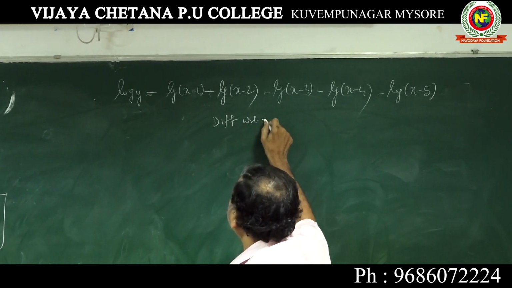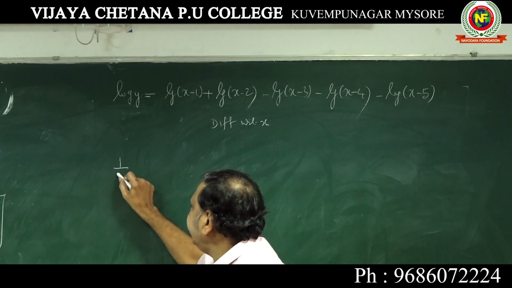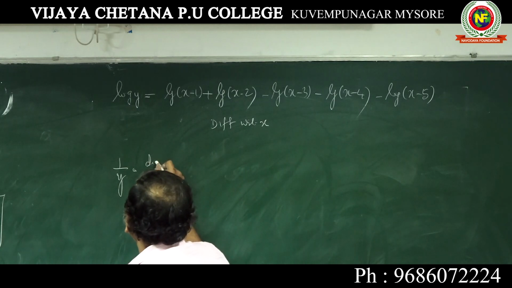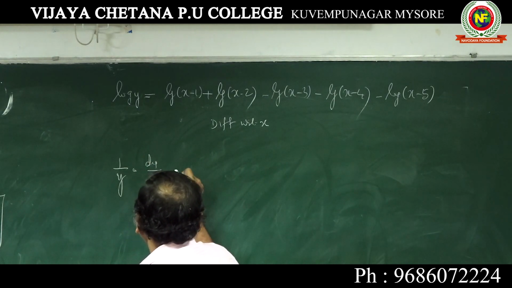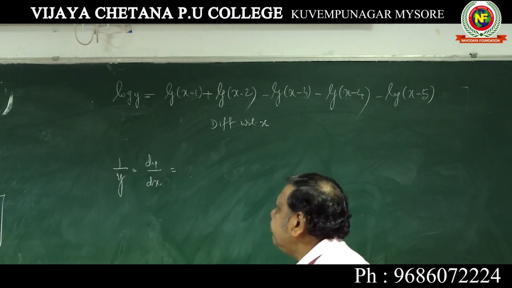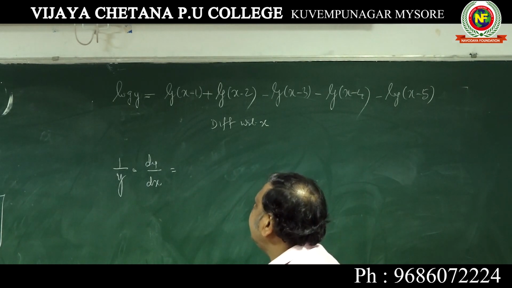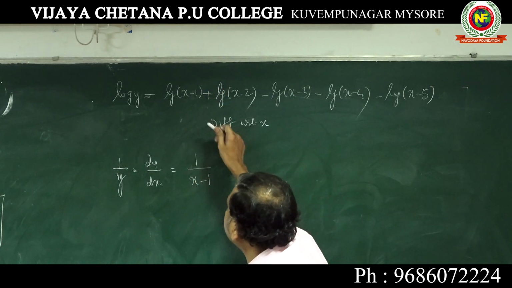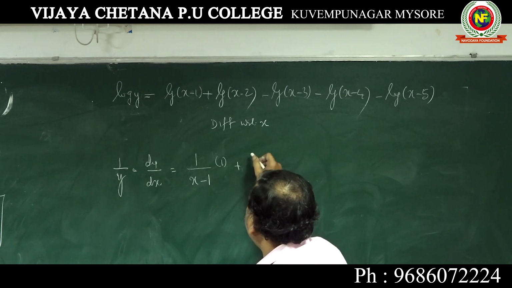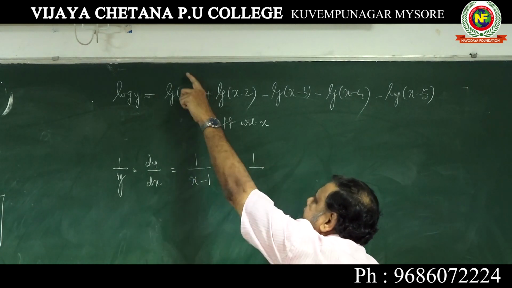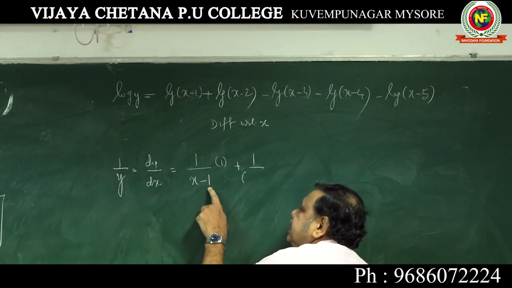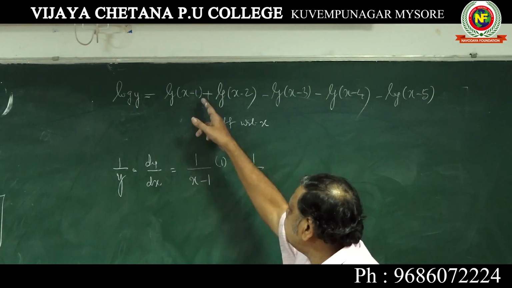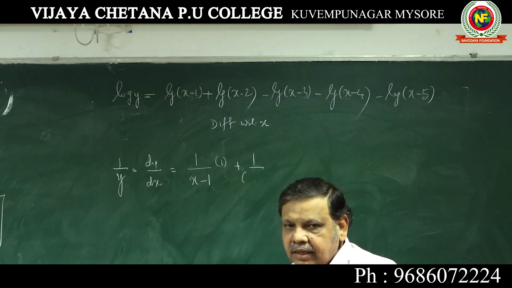When you differentiate with respect to x, log y differentiation is 1 over y into dy by dx, equal to log of x minus 1 differentiation: 1 over x minus 1 into d by dx of x minus 1, which is 1. Suppose it is 1 minus x, then 1 over 1 minus x into the differential quotient of 1 minus x, which will be minus 1. You should note that. Here it is x minus 1, d by dx of x is 1.